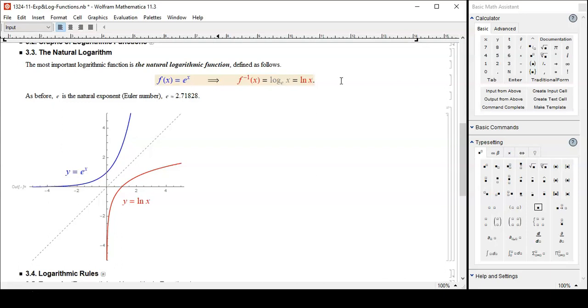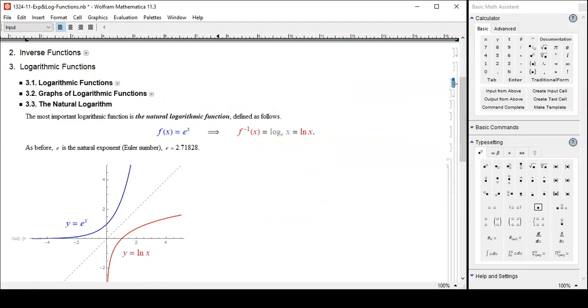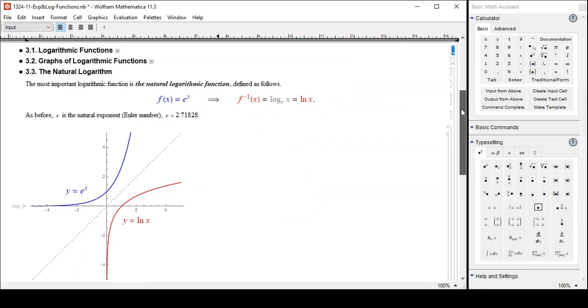We typically use ln for the natural logarithmic function. So those are properties of the natural exponential and natural logarithm, and also arbitrary exponential and arbitrary logarithm.